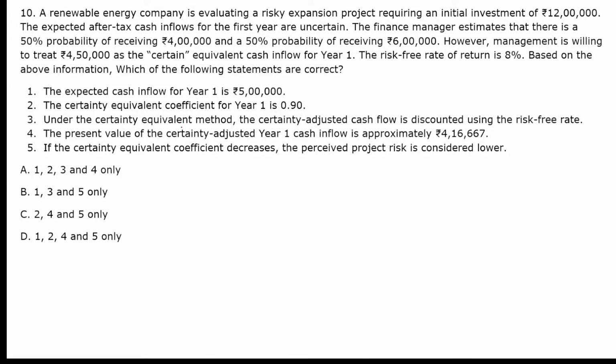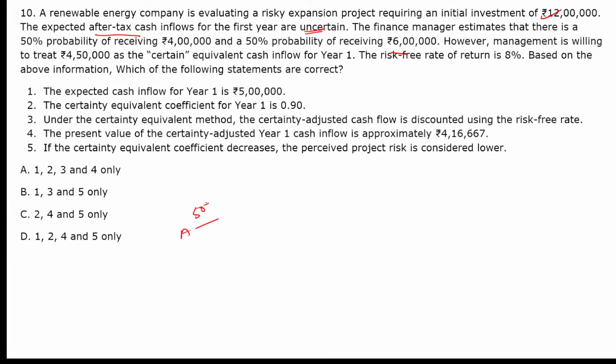A renewable energy company is evaluating a risky expansion project requiring an initial investment of 12 lakhs. The expected after-tax cash inflows for the first year are uncertain. The finance manager estimates that there is a 50% probability of receiving 4 lakhs and a 50% probability of receiving 6 lakhs.